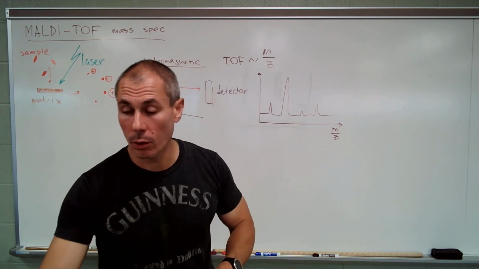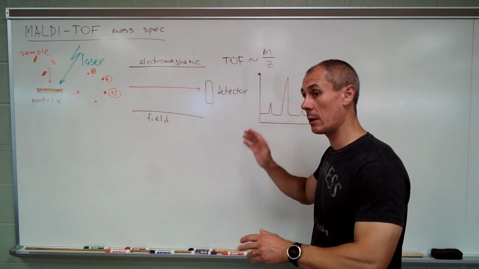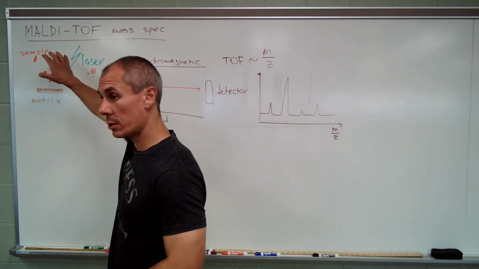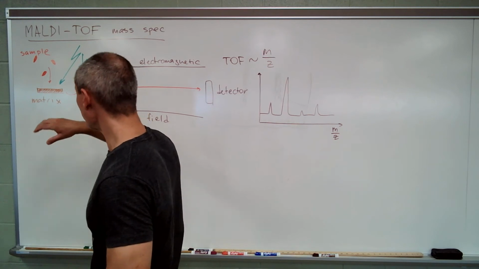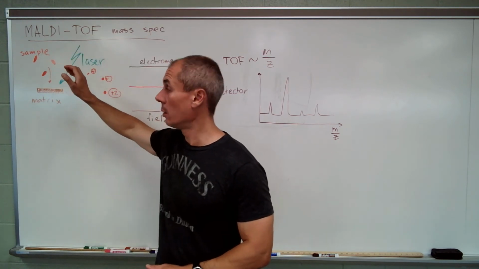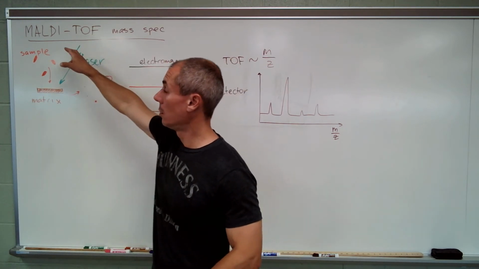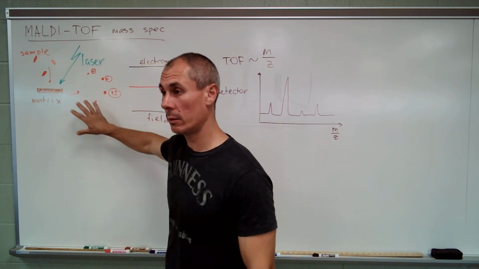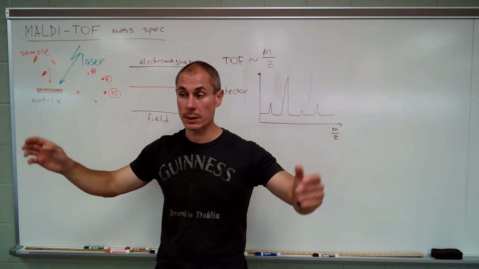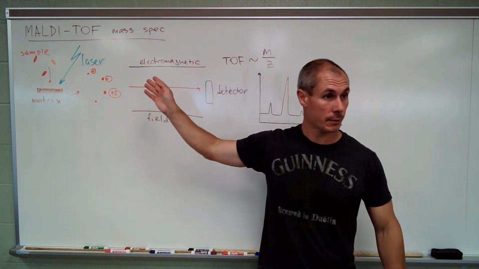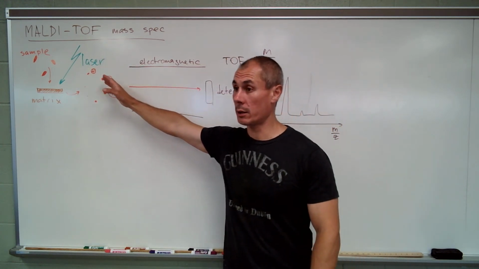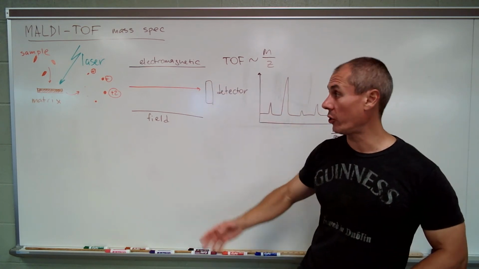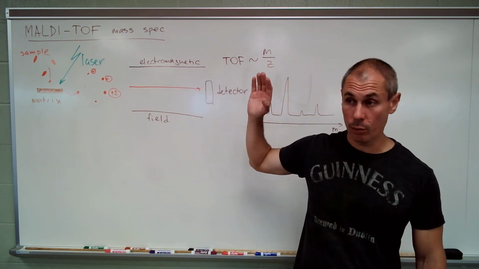So let me go over this whole story one more time and then we'll get to the application. So you mix your sample with a matrix, blast it with laser, which will desorb your sample, blow it in pieces, and charge those pieces. These charged particles enter the tube because of the electromagnetic field, fly through the tube.